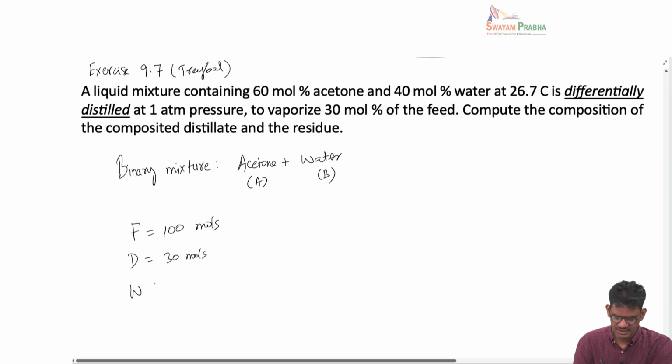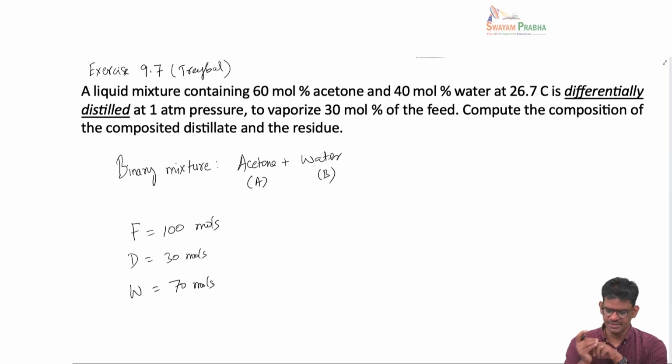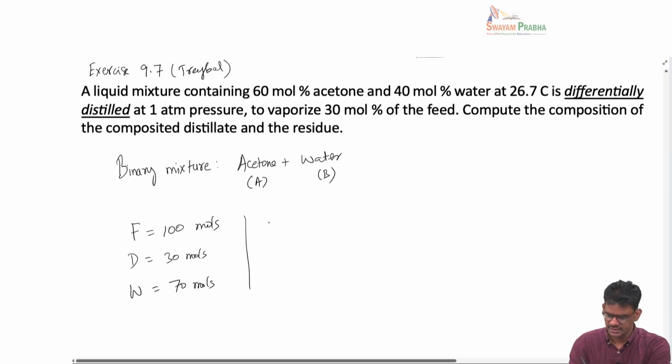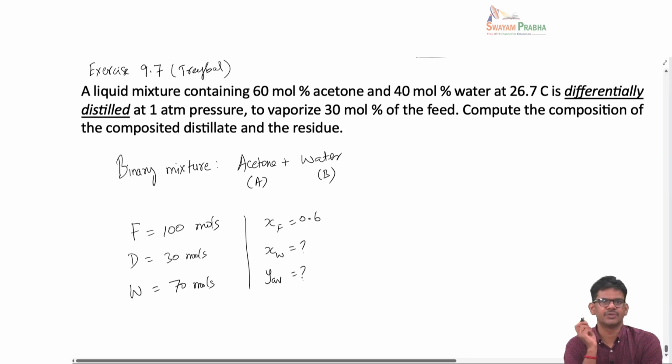So from here we know that W should be 70 moles. And we also know that XF is 0.6. We want to find out what is XW and what is Y average.